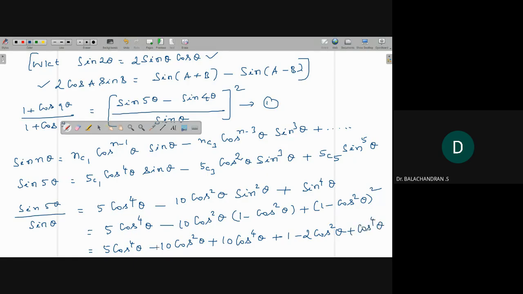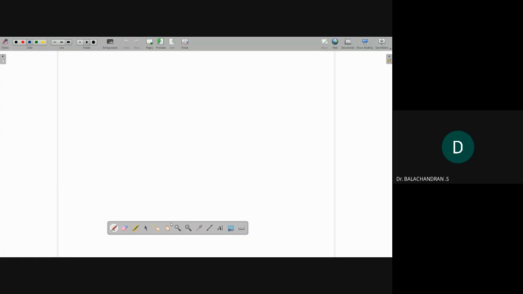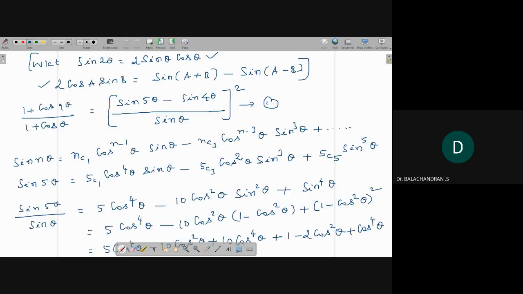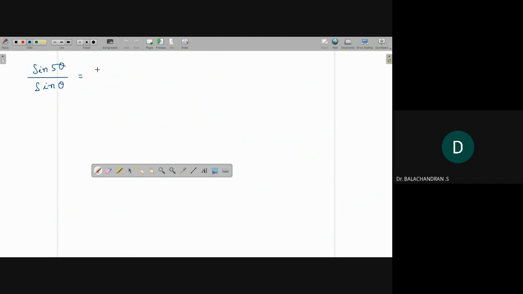Now, you should simplify. On the left-hand side we have sin 5 theta divided by sin theta. On the right-hand side, how many cos power 4 theta? 5, 10 plus 10 is 15, plus 1 is 16, so 16 cos power 4 theta.